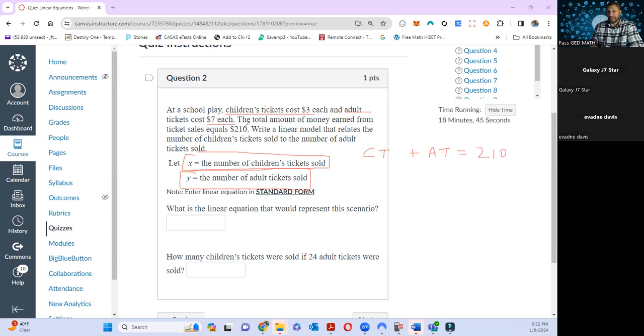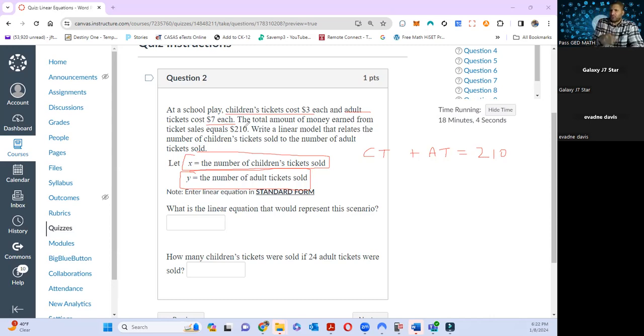If I had 100 children's tickets, how much would they cost? Are we multiplying that? You tell me. At $3, I think we would multiply 100 times 3. Exactly. So that's the point I wanted to make.